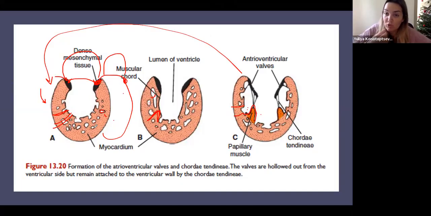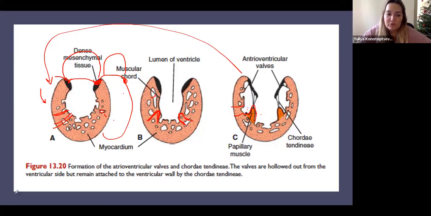What is actually going to remove it? The flow of blood. As the blood comes in, it clears all of this apoptotic tissue away. As a result, the remnant muscles, the ones that didn't die, become even more prominent. And those prominent remnant muscles of the ventricles are known as the papillary muscles.